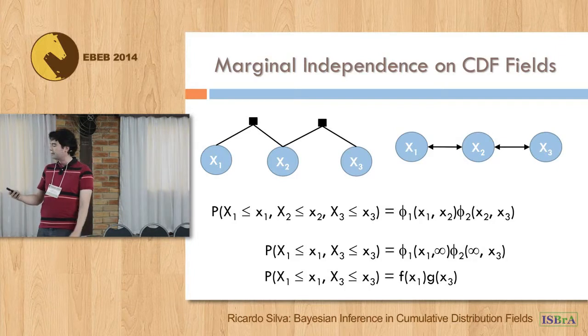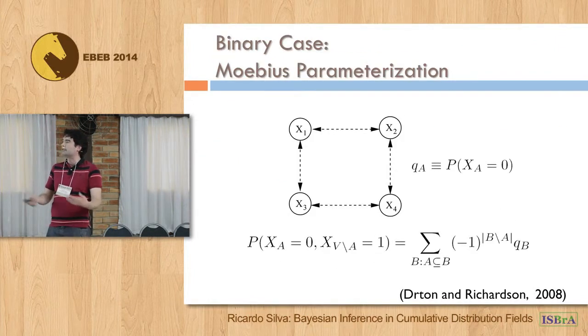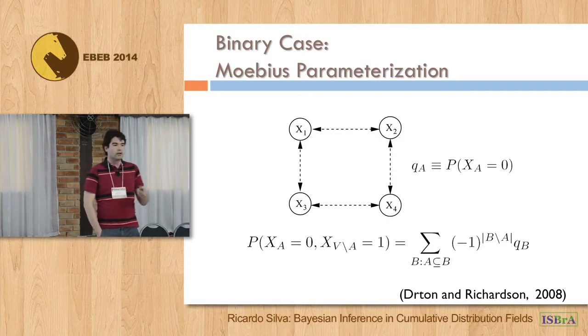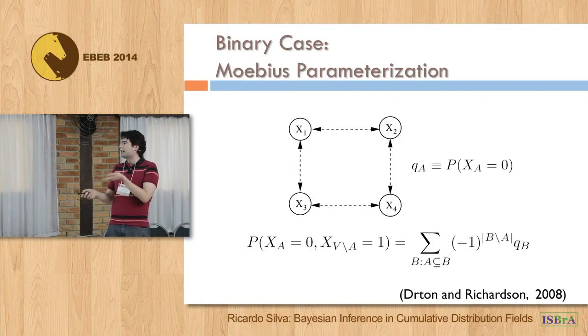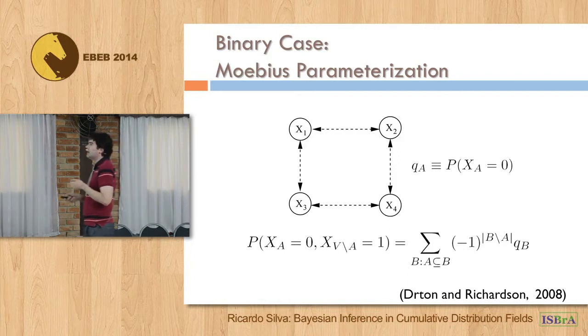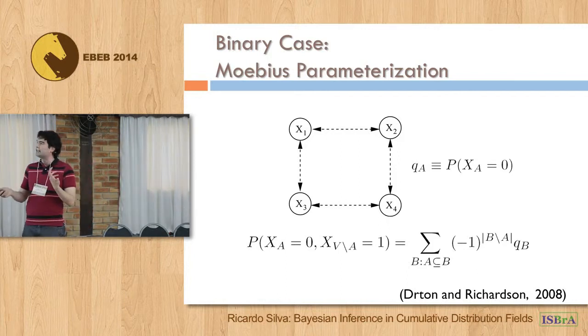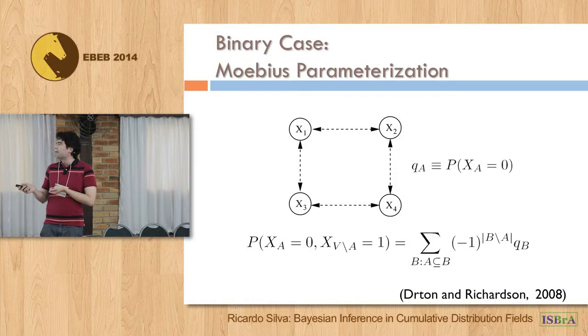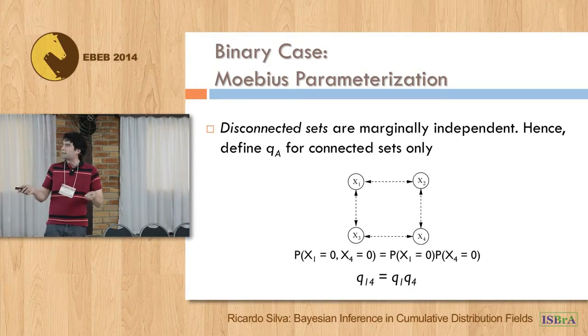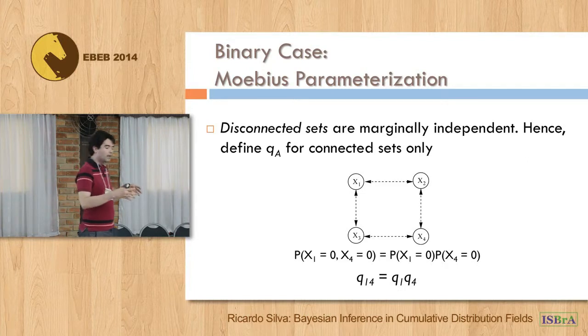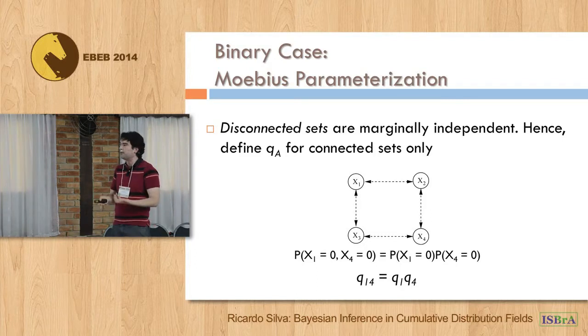And there are variations of this idea for other families, not only Gaussians, but also discrete distributions and so forth. I'm not going to get into detail here. There are ways of expressing marginal dependencies in families other than Gaussians. In many models where you try to parameterize marginal dependencies, you usually get to the point where you have an explosion in the number of parameters.